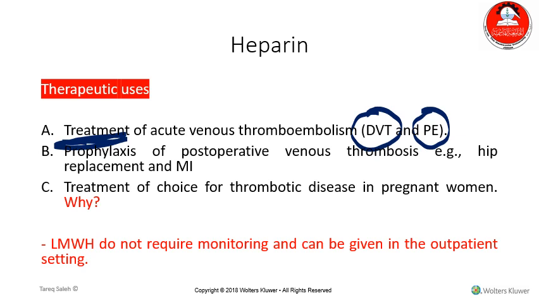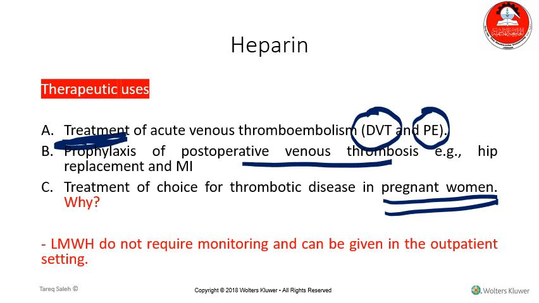We can also use heparin as a prophylactic agent against venous thrombosis, especially in patients who are at risk or those who are undergoing major surgeries, such as hip replacement. We also use heparin as the treatment of choice for thromboembolic diseases in cases of pregnancy. Can you think about why heparin is the preferred drug?